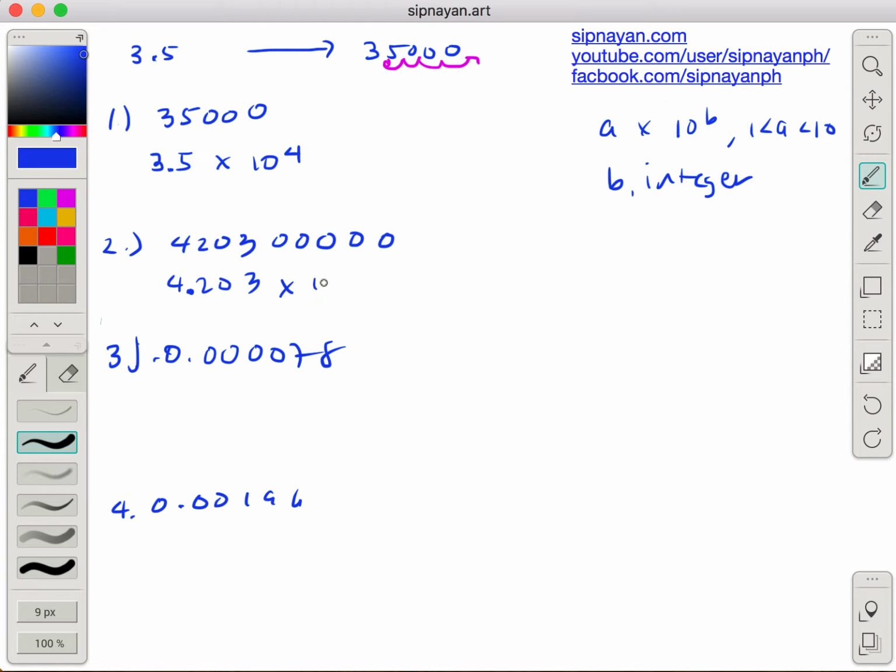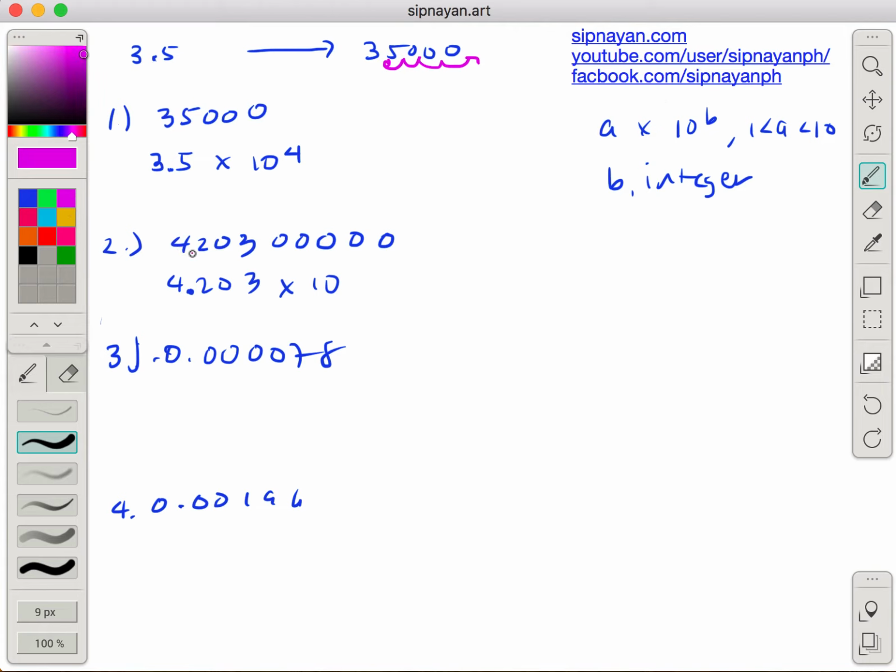So times 10, nag-move ba ulit tayo pa kanan or pa kaliwa? Pa kanan pa rin, from 4.203 gagawin natin 420,300,000. Pinapalaki mo siya, therefore positive.